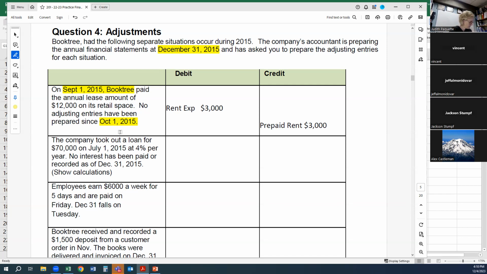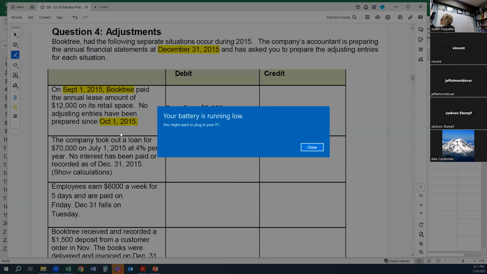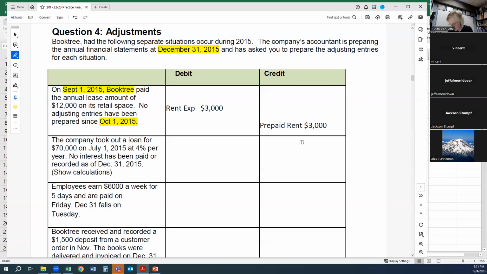Wait, how did they get 3 again? Can you say that one more time? Sure. So they're making an adjusting journal entry to recognize the rent expense so that the income statement can properly reflect all the expenses. Well, they haven't done an adjusting journal entry since October.